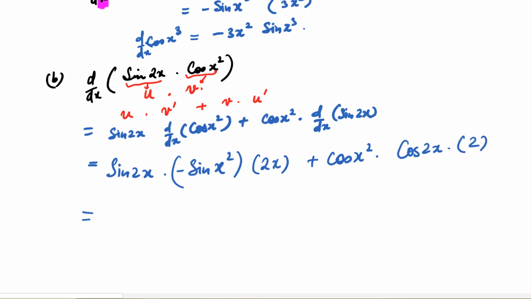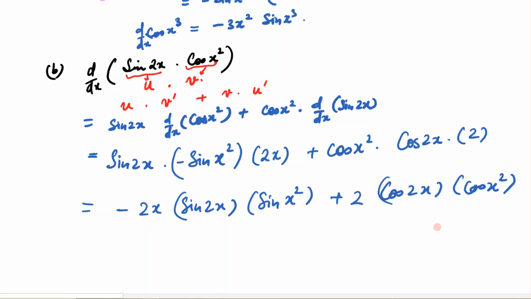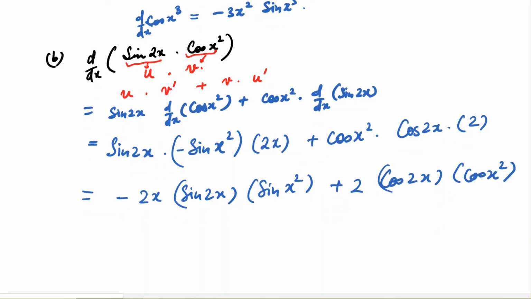So overall here we get negative 2x sine 2x sine x square plus 2 cosine 2x cosine x square. So this is our final answer.